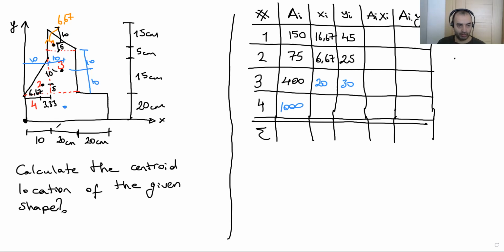The center point is a midpoint in each direction. Here totally 20, this one is 25. And the vertical direction total is 20, half of it is 10. Yes. Now we have all areas xi and yi.